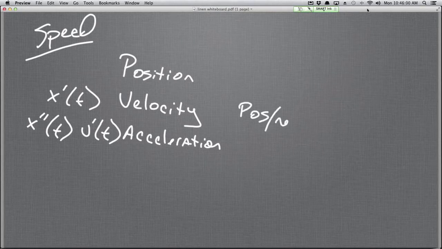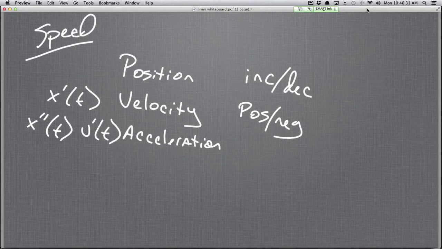But when we're talking about position, we're saying increasing or decreasing. That's the way you always need to talk about it when you have a derivative and the function above it. You always talk about the derivative being positive or negative. You always talk about the function being increasing or decreasing. So the bottom function is always positive or negative. The top function is always increasing or decreasing.